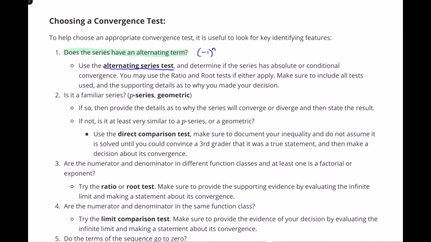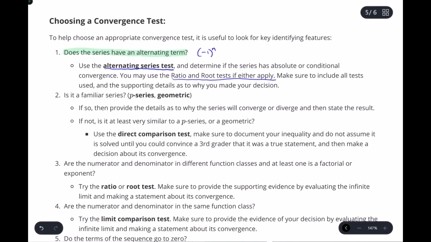It is possible that the ratio or root tests might apply, but regardless, make sure you include the test used and then the supporting details as to why your result for convergence or divergence is supported. That's generally a very easy thing to see right off the bat.